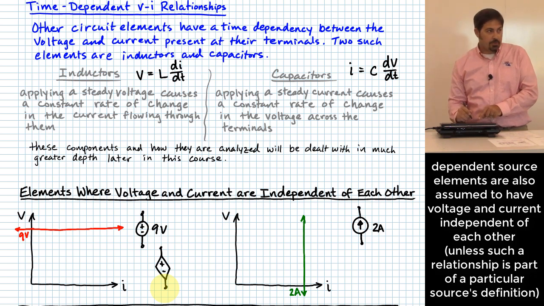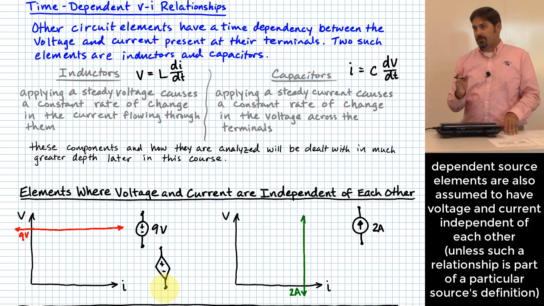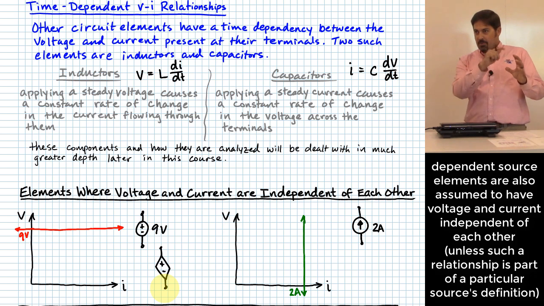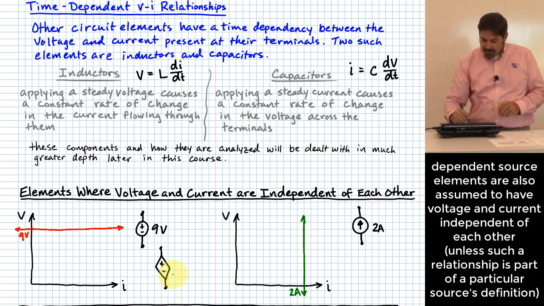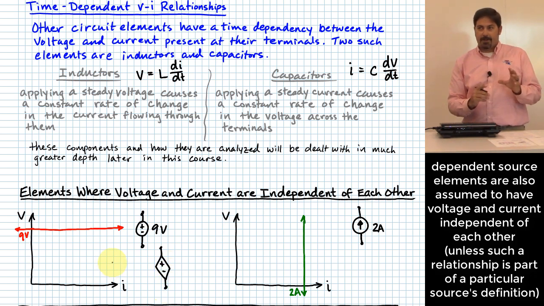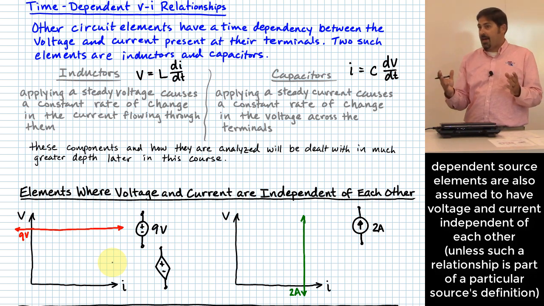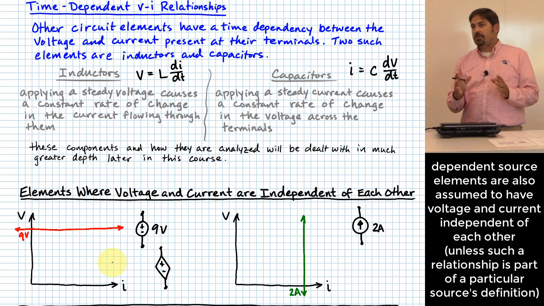Like a dependent voltage source is by default independent of the current that flows through it, right? It might be dependent on a current somewhere else. Or it might even be dependent on its own current if that's how it's set up, where you identify the current and then use the label on the side to make it dependent on its own current. You could do that, but it's not by default dependent on its own current, right? Does that make sense?